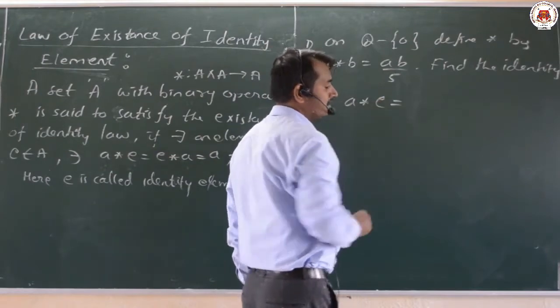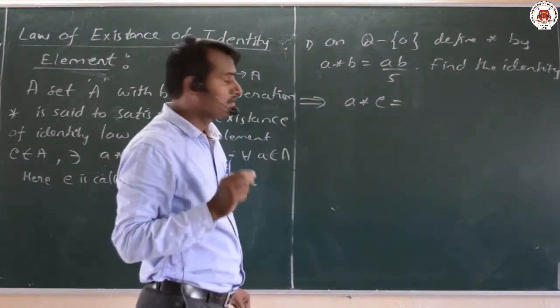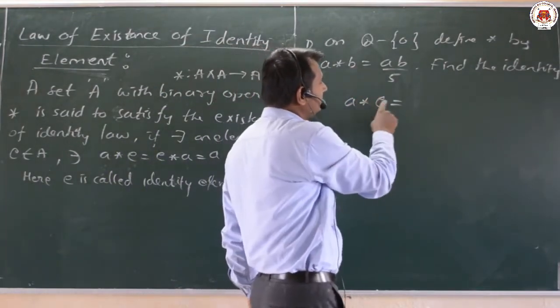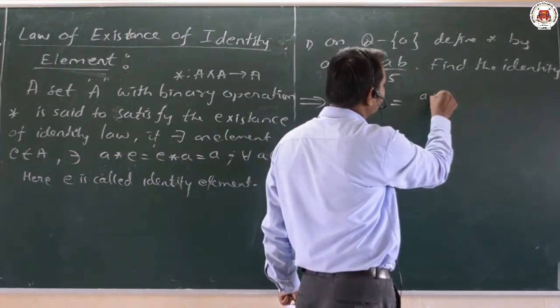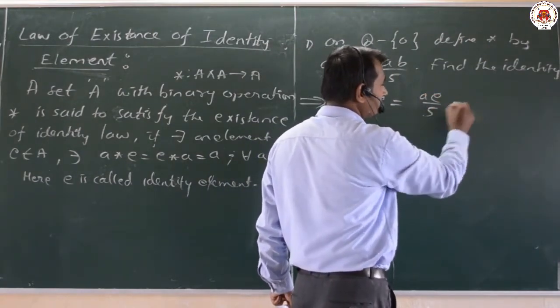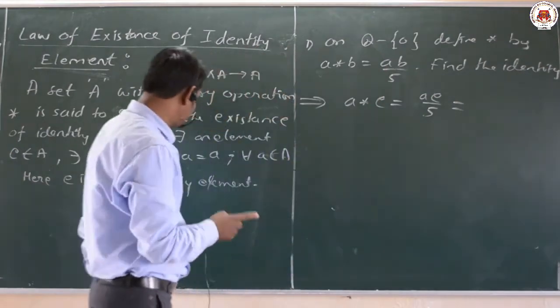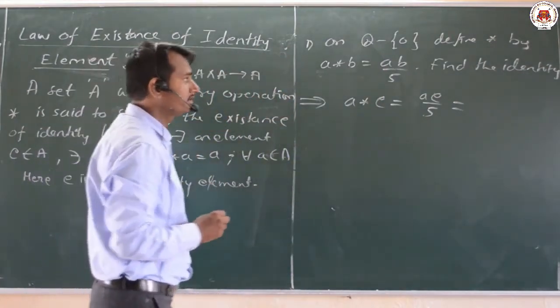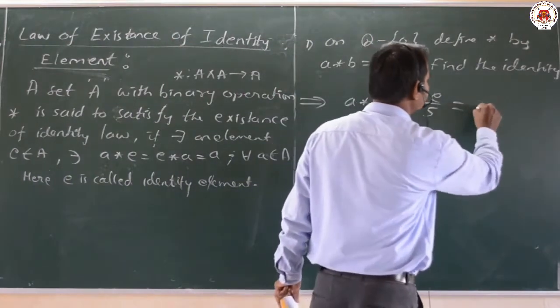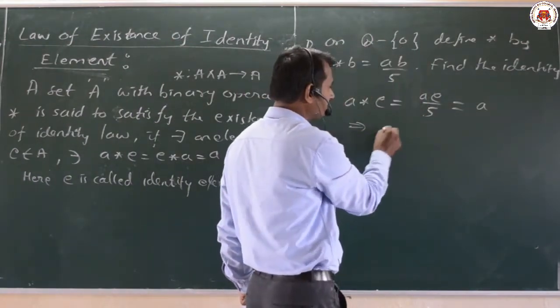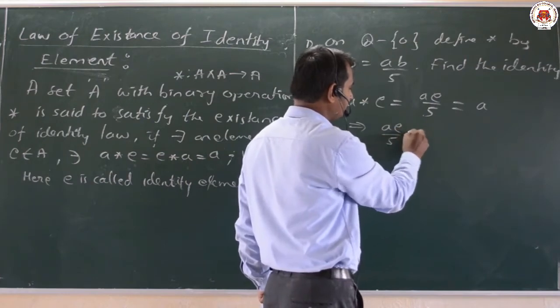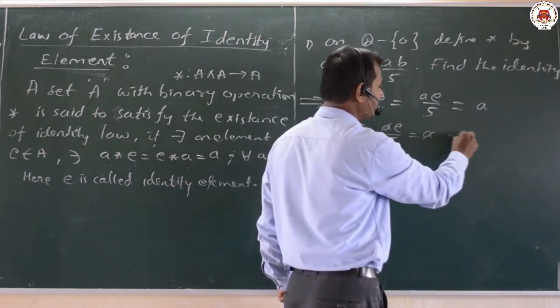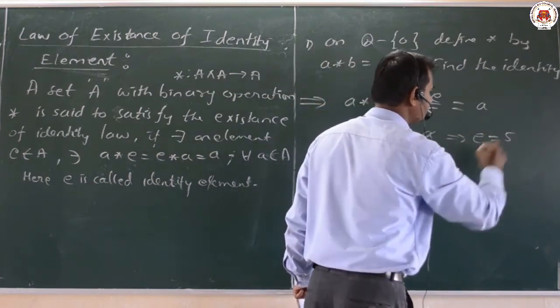That is, in place of b we have e, so a e divided by 5, and that value should be equal to a according to the definition. So we get ae divided by 5 equal to a. Here a gets eliminated, that implies e equal to 5.